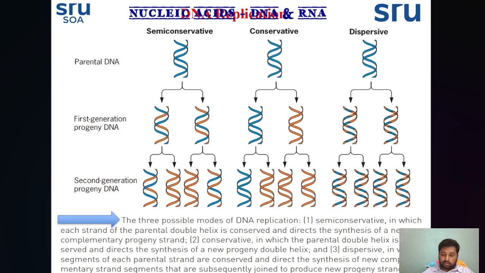Okay, so with this I want to conclude. In this video I covered DNA and RNA and their nature, along with the structures of DNA and RNA, and the types of DNA, A, B, C and Z, and also the diagrammatic representation of the double helix model and its salient features.